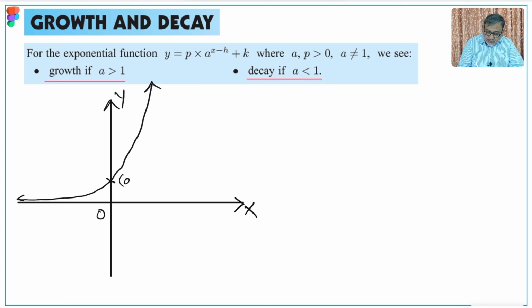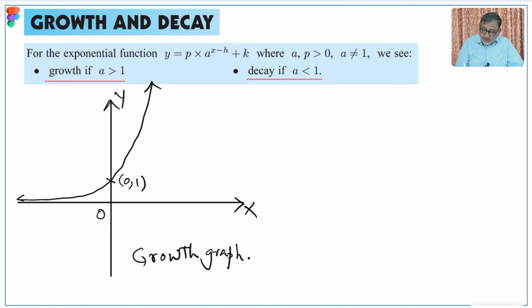This point will be 0 and 1 for the basic value. This is called a growth graph. In application of exponential function, you may get a question like bacteria is increasing or population of insects is increasing. So that graph will be like this.